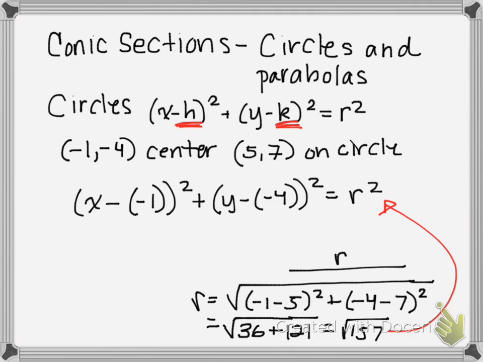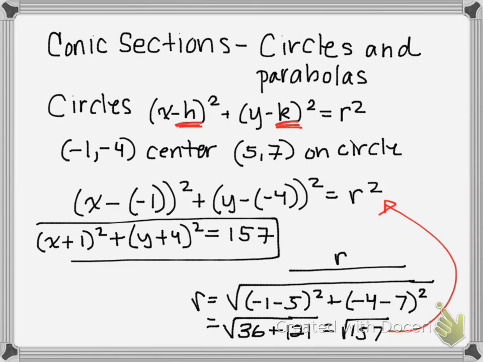I'll just clean it up a little bit here. X plus 1 squared plus y plus 4 squared. And then this root 157, which is the radius, that'll be squared. So we'll just have 157. So that's simple enough, finding the equation of a circle.